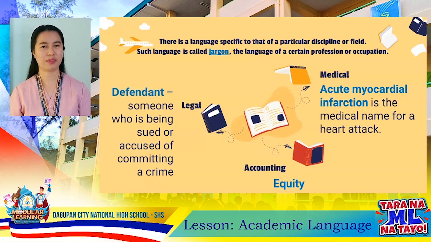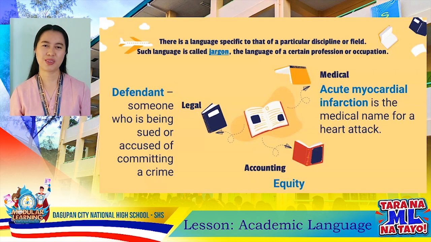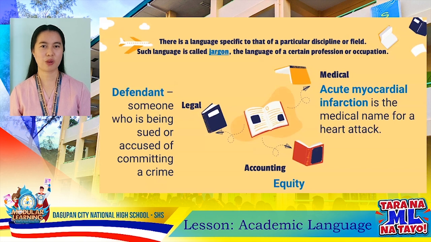For example, defendant, which means someone who is being sued of committing a crime, is commonly used by lawyers. Acute myocardial infarction is jargon used by doctors, which means heart attack in layman's term. Same is true with the word equity, specifically used by accountants. Can you think of some more jargon words? What jargon words are used by teachers, police, and businessmen?